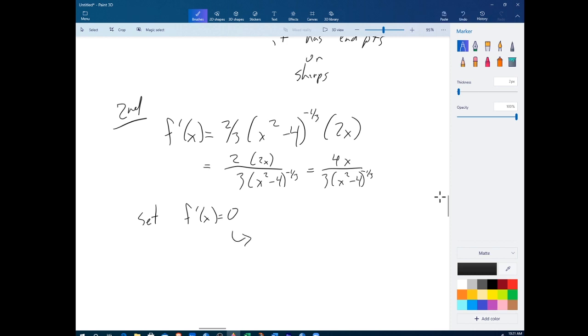So when I set it equal to 0, all I have to actually care about is the top. And that one gives me a pretty easy answer. There's going to be a critical number here. Probably an extrema.